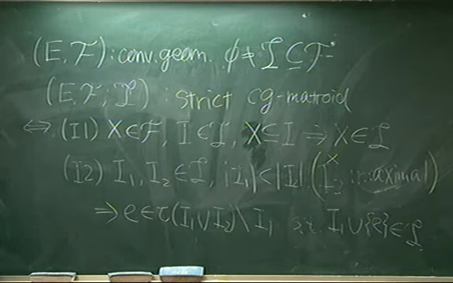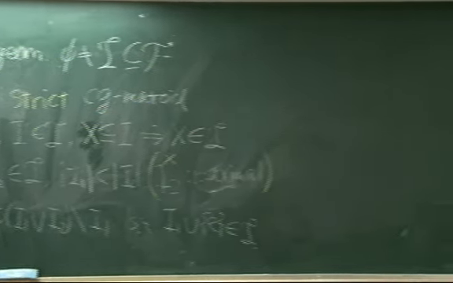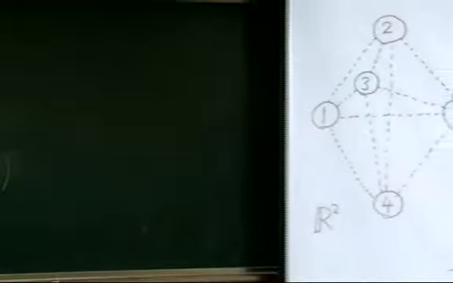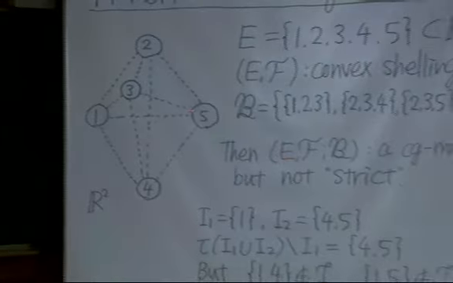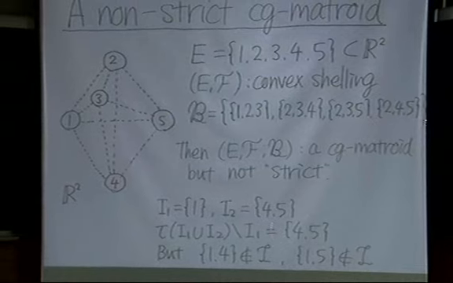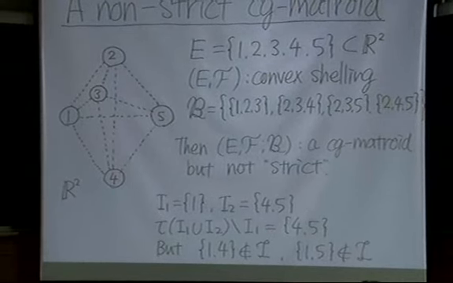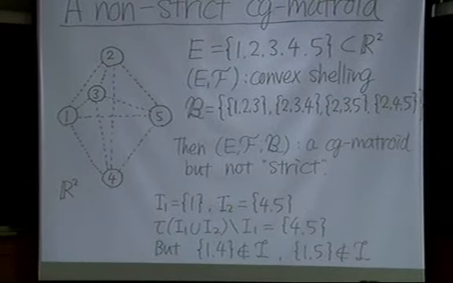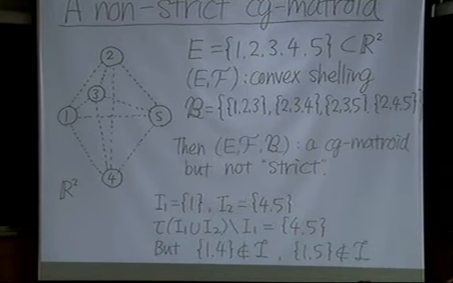Then this is not a CG matroid, because if we take I1, 1, this is an independent set because this is contained in a base, and I2, 4 5, is also an independent set because it is contained in this base. So we have 2 independent sets, and the cardinality of I2 is, of course, bigger. And in this case, I2 is not maximal. This is not a base in this case.